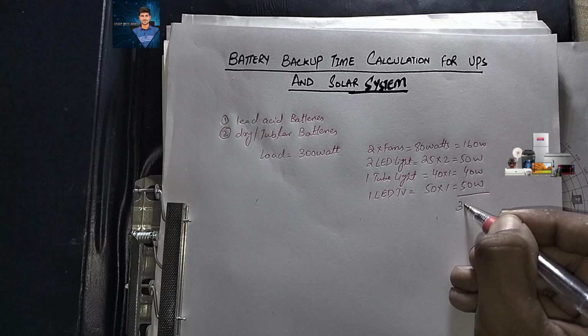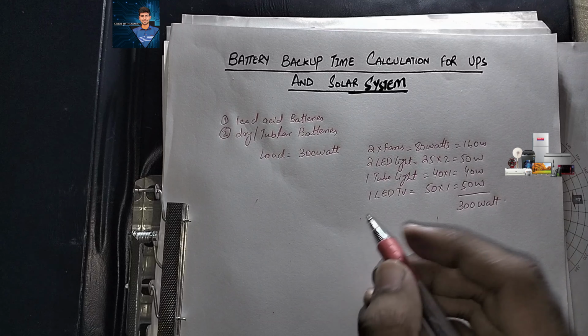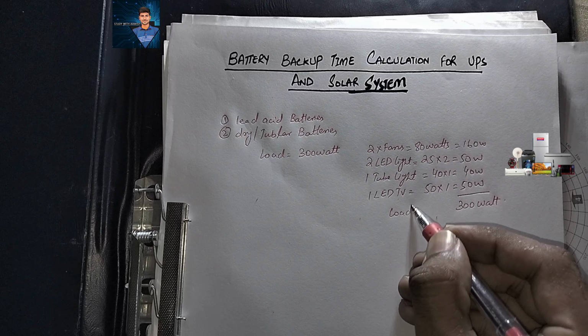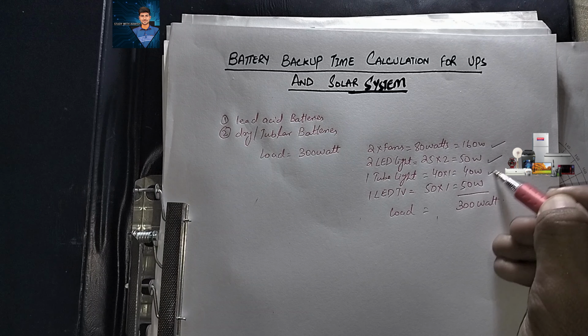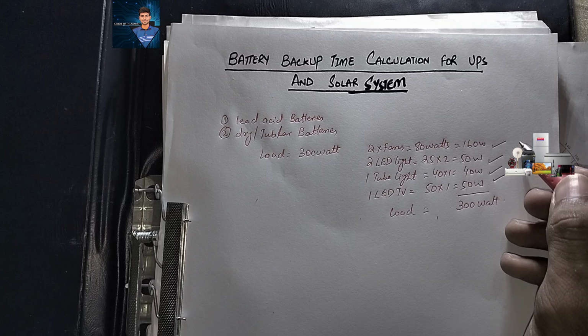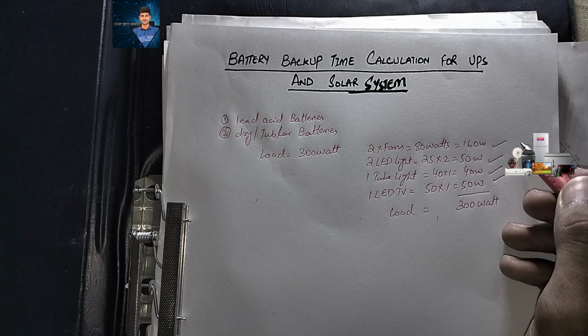So overall it will be 300 watts. So let's consider that our total load is 300 watts, which includes two fans, two LEDs, one tube light and one LED TV, which is normally the load of any house or any home.